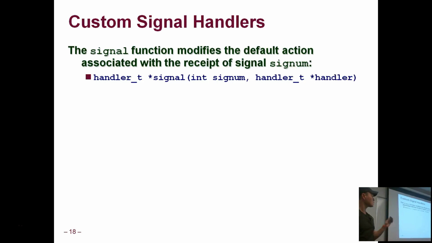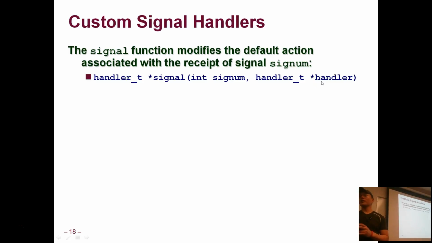But you are allowed to install your own signal handler. So this is the C library call for registering your own signal handler on a specific signal number. So if I want to catch the segmentation signal, I would say signal, and then it would be SIGSEGV, which is 11, but I would use the constant because it's a nicer way of labeling it. And then I would give it a function pointer.